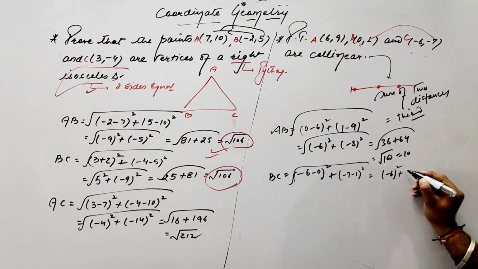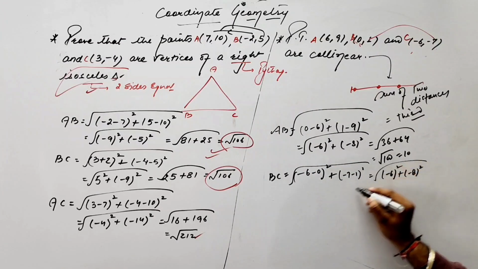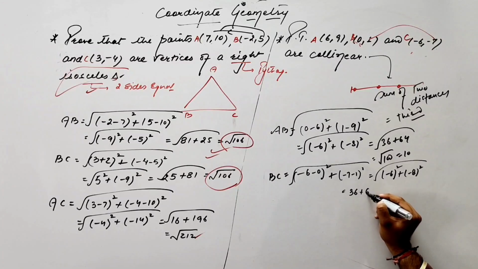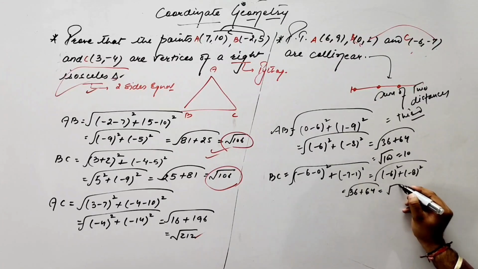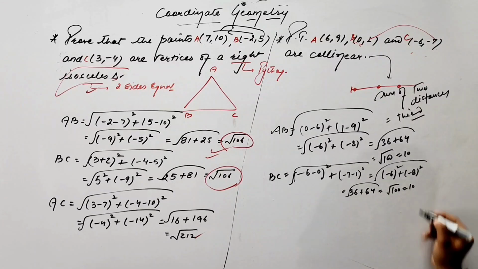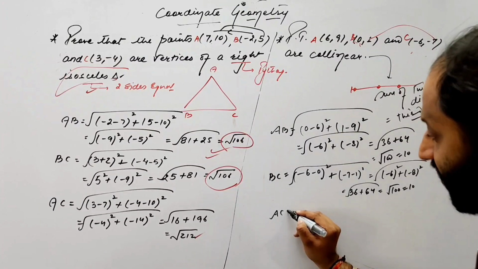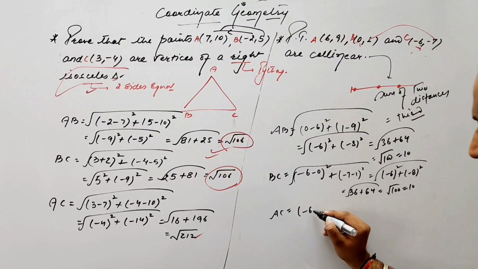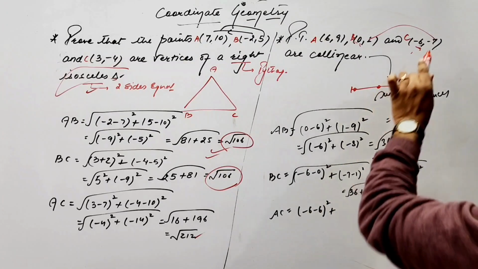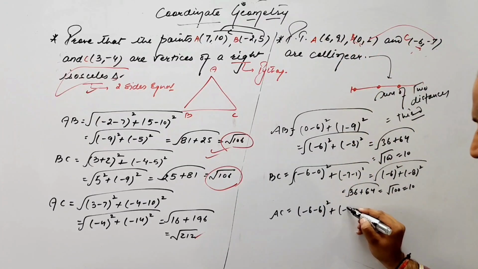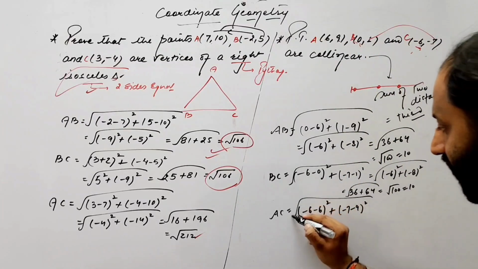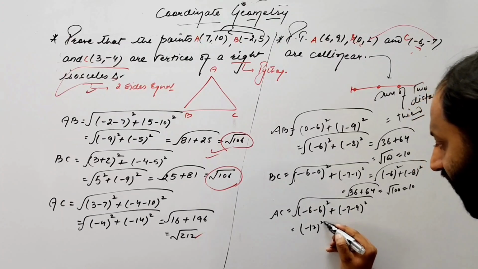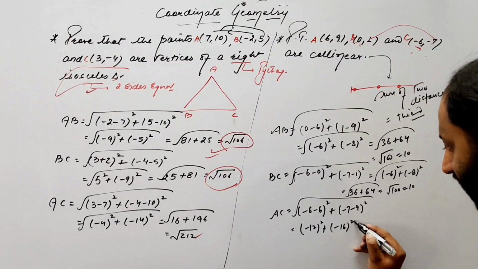Minus 6 square, minus 8 square, again it is 36 plus 64, 100, root 100 is 10. Now AC: (minus 6 minus 6) square plus (minus 7 minus 9) square. Minus 12 square plus minus 16 square.